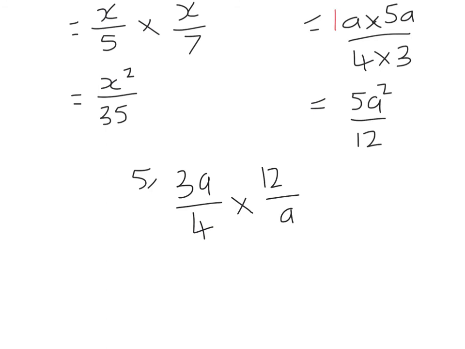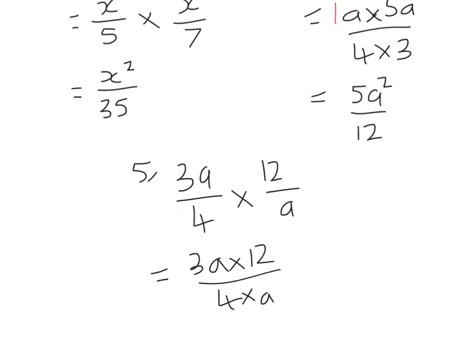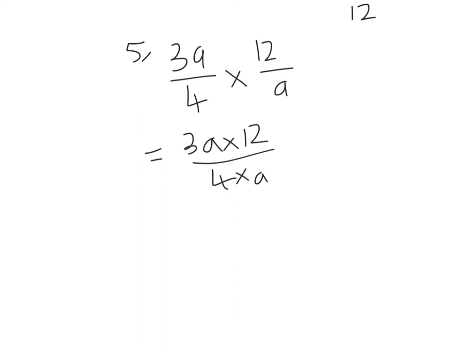In this case, when you're multiplying numerators together, you can put it all together in one line if you wish. But let's look at the common factors is what I want to bring out here. Common to the numerator and denominator is the 4. So we can divide 3 by 4. But also, there's an a in the numerator and an a in the denominator. So you can divide numerator and denominator by a.